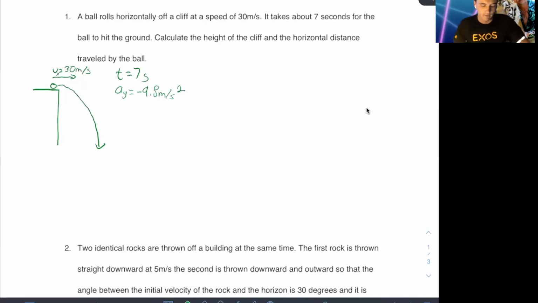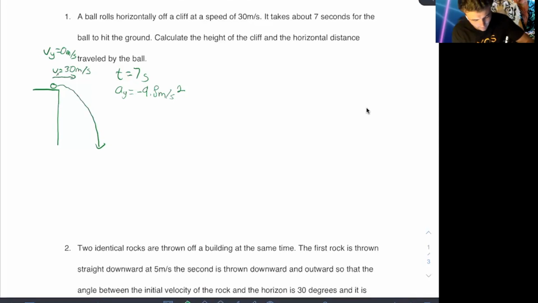The velocity in the x direction is 30, and since it's rolling horizontally, all of the 30 meters per second is in the x direction. So the initial velocity in the y direction is 0 meters per second. Essentially you're just dropping a ball in the y direction, while in the x direction it's going 30 meters per second.